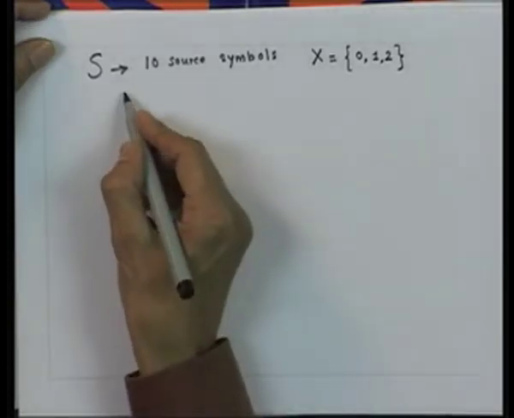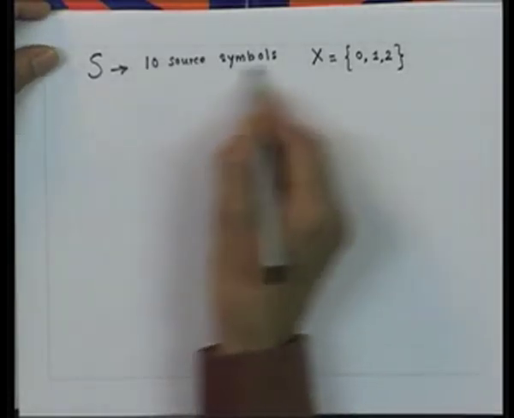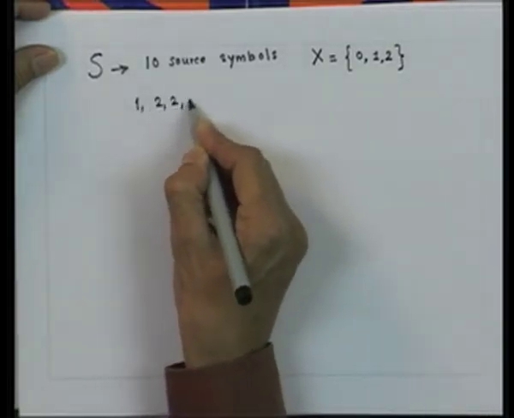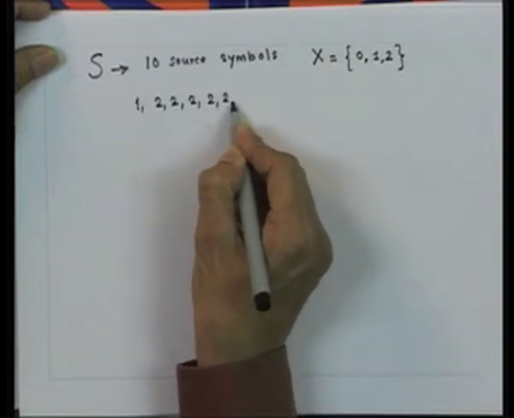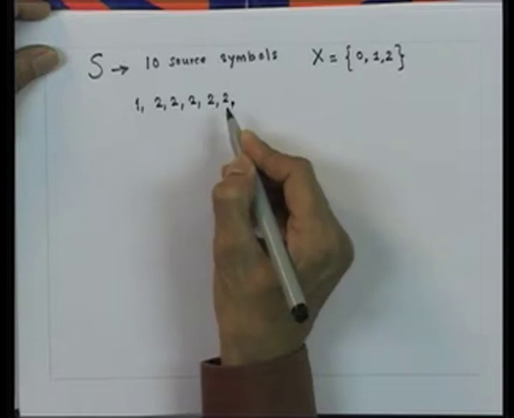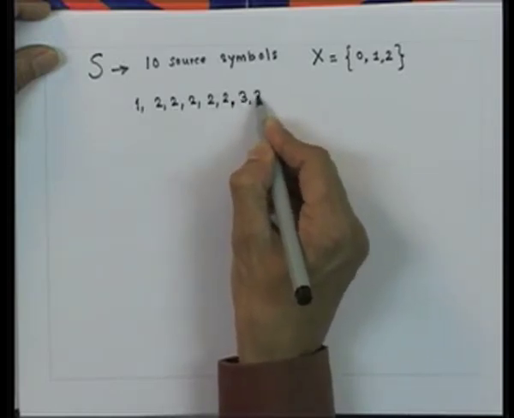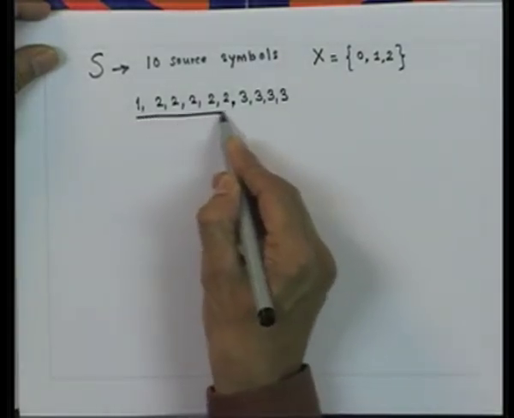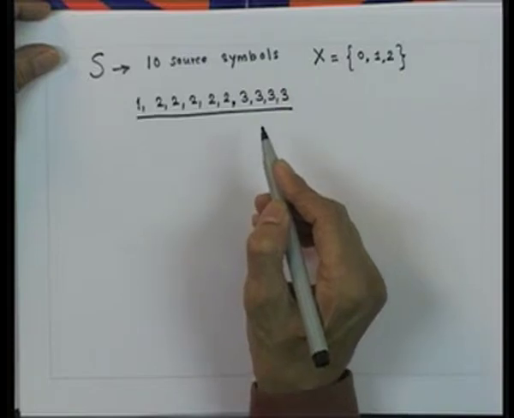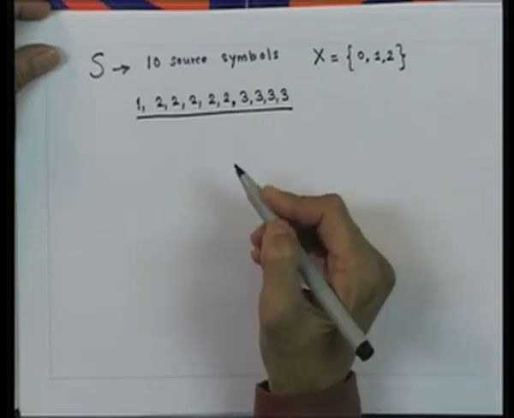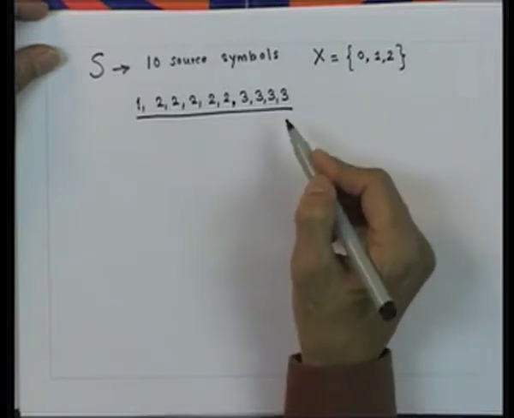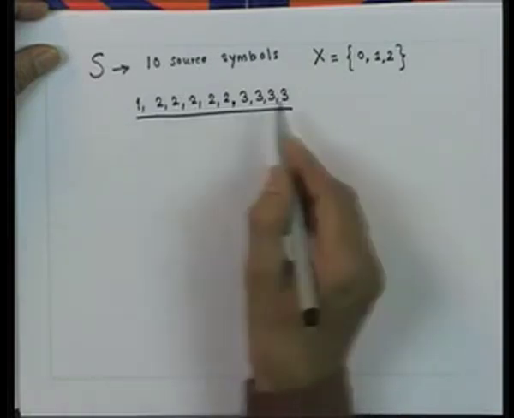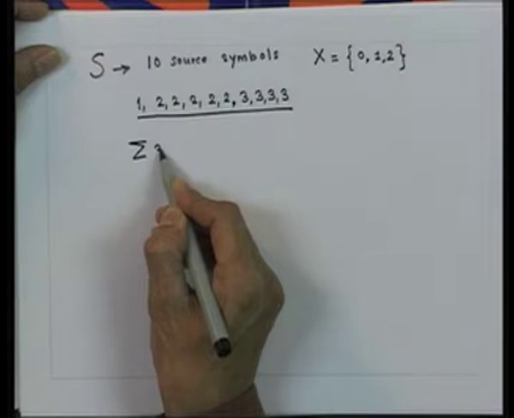Let me assume that the code word lengths corresponding to these 10 source symbols are 1, 2, 2, and so on. Now, if we want this set of code word lengths and want to design an instantaneous code, the first thing we have to do is check whether it satisfies the Kraft inequality. So, to check that, let us do it.